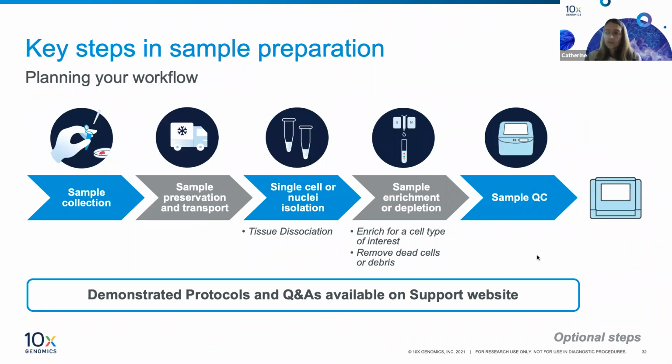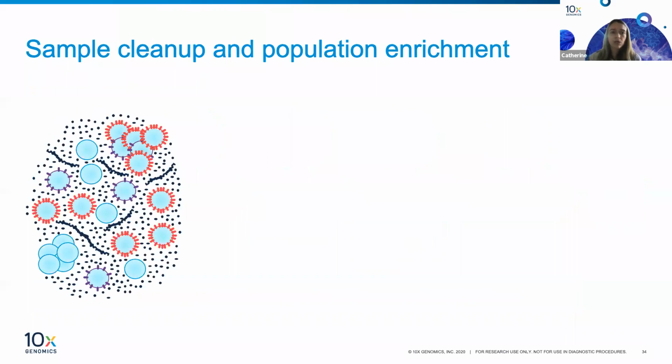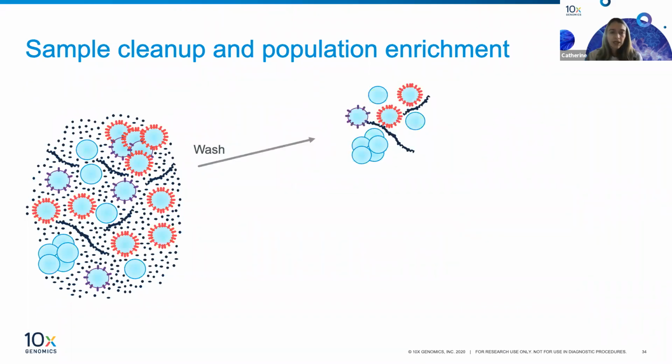Okay, so now let's talk about sample enrichment or depletion. What ways can we clean up our sample and enrich our population? Washing our population will allow us to remove ambient RNA and some dead cells.